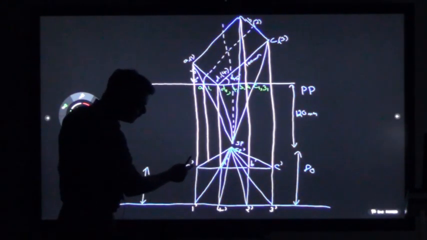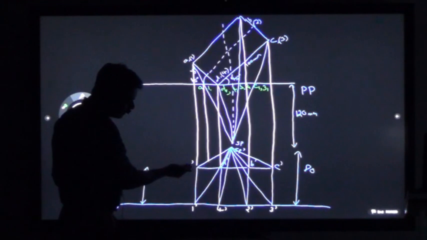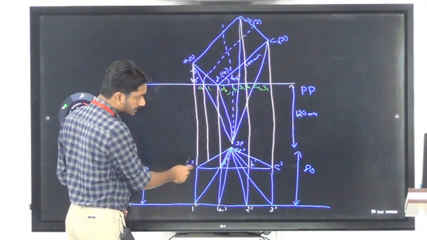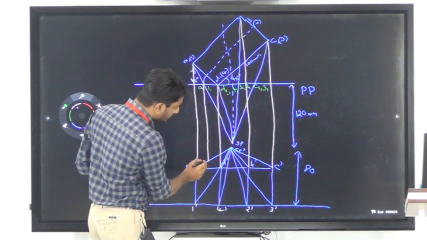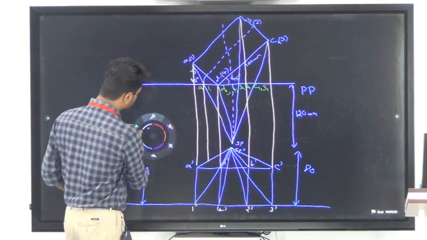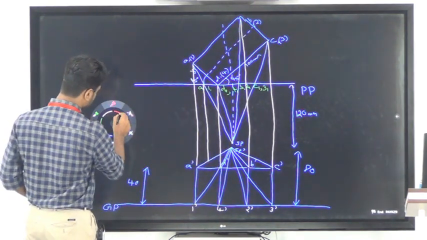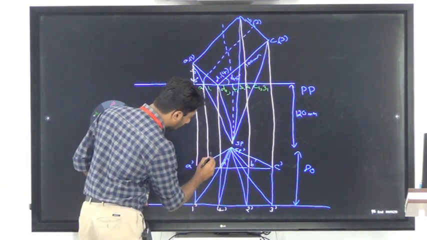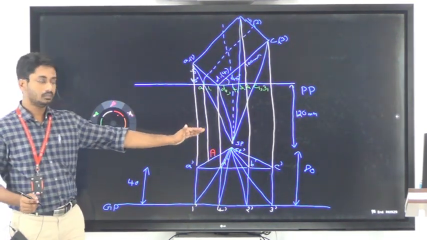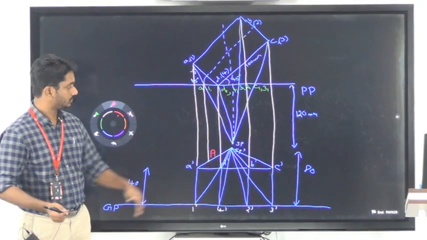That line meets the line joining the points A dash and SP dash at this point, and that point will be the point A. So this point A is the point on the perspective view.